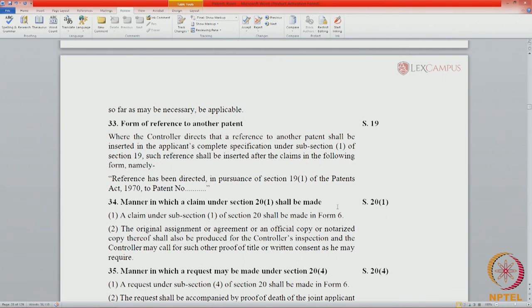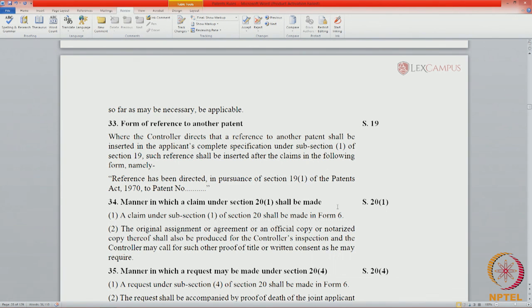So, let us look at the form. Rule 33: where a controller directs that a reference to another patent shall be inserted in the applicant's complete specification under 19.1, the reference shall be inserted after the claims in the following form. Again, the place of insertion of reference is after the claims.